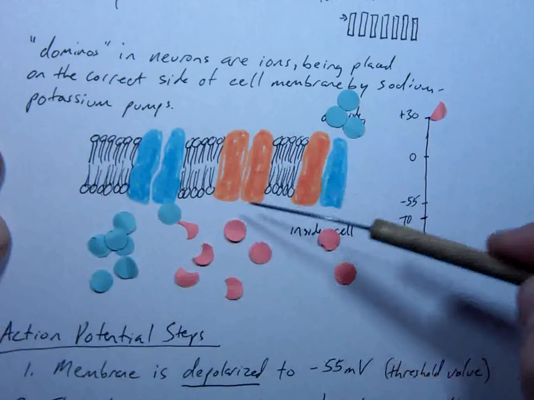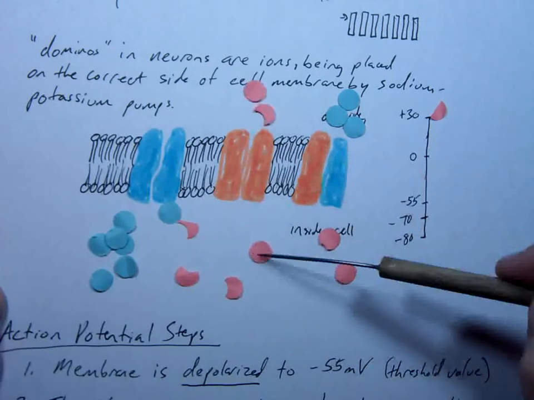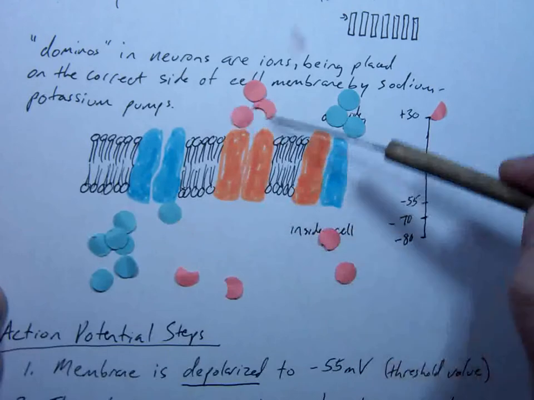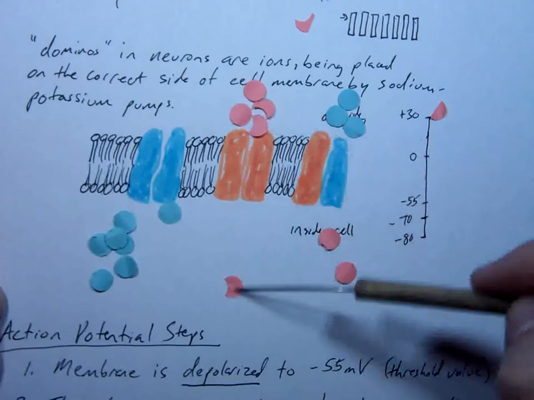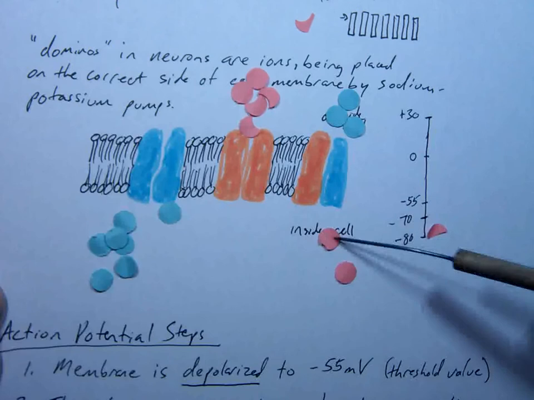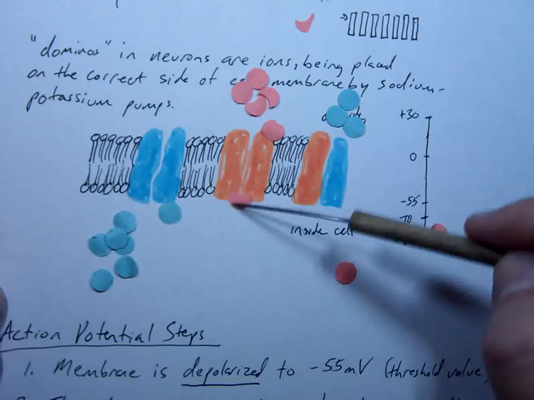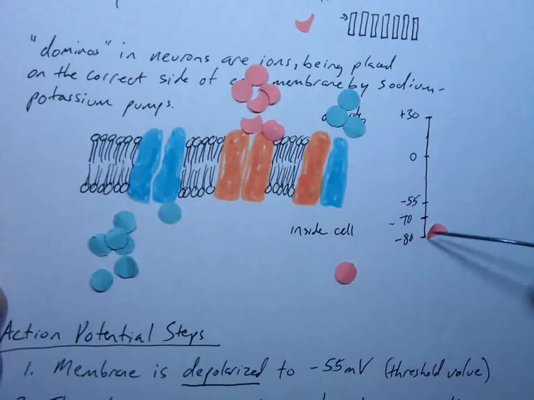Potassium channels open up and allow for potassium to flood out, making the outside positive once again. And that causes this to go from here and just briefly past there to minus 80 before these channels close up, and then it levels back out again right there.